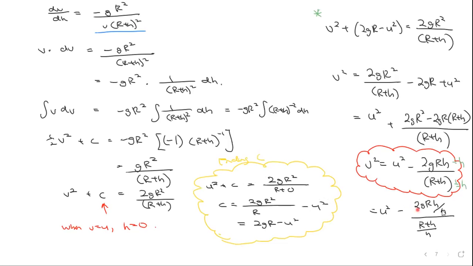So 2grh over h is just 2gr. The denominator is two terms, so we can separate it out as r over h plus h over h, right? Which then means you've got u squared minus 2gr over 1 plus r over h. And that is what they wanted. And that's how you do that question.